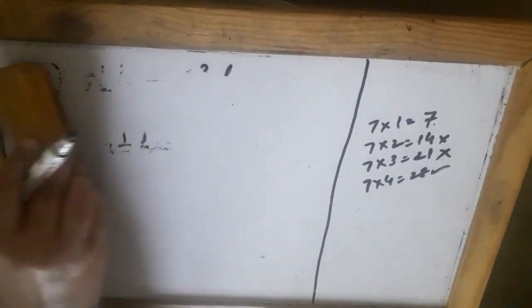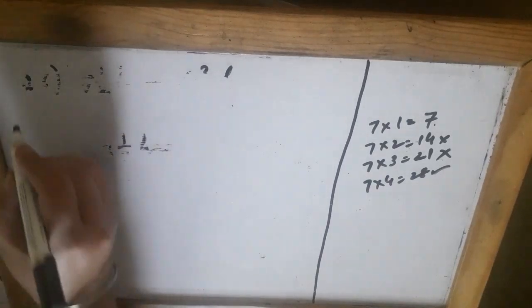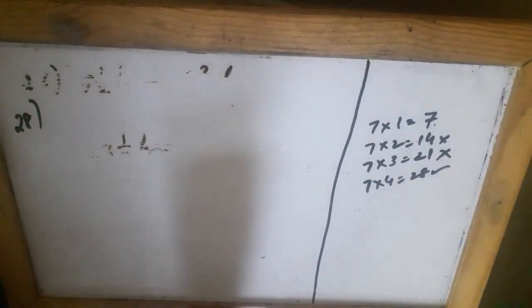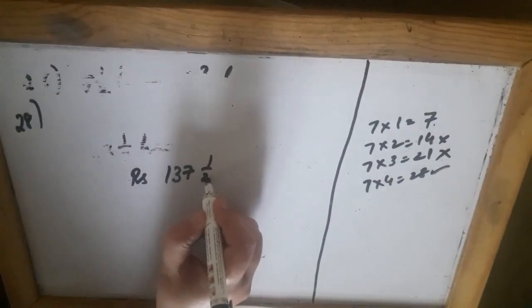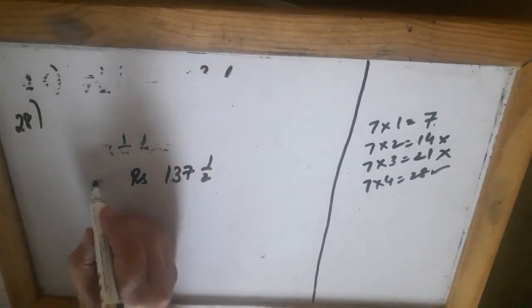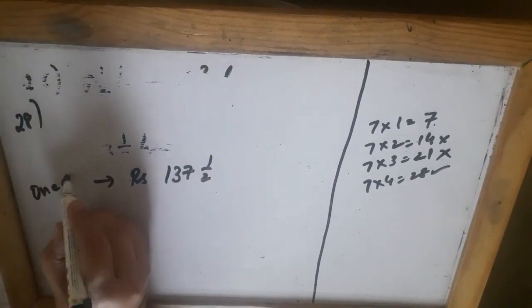Now question number 28. In one day a rickshaw puller earned 137.5 rupees. So 137.5 is the money that the rickshaw puller earns in one day.